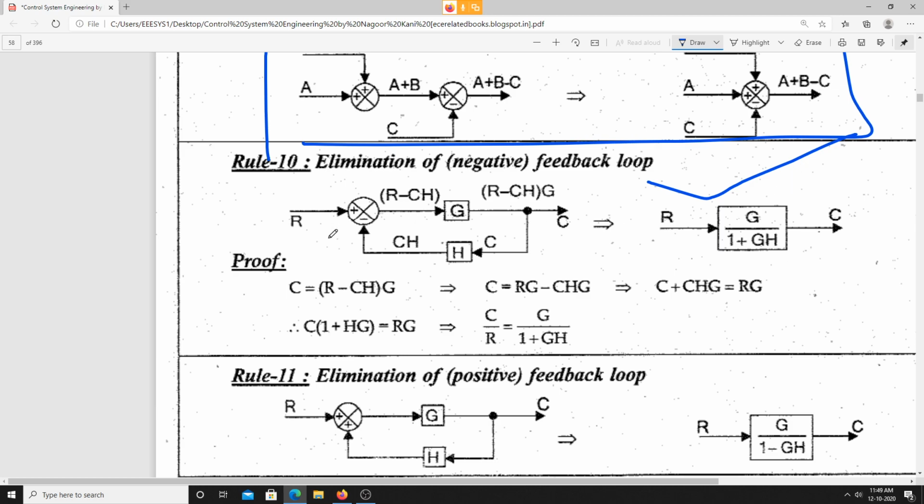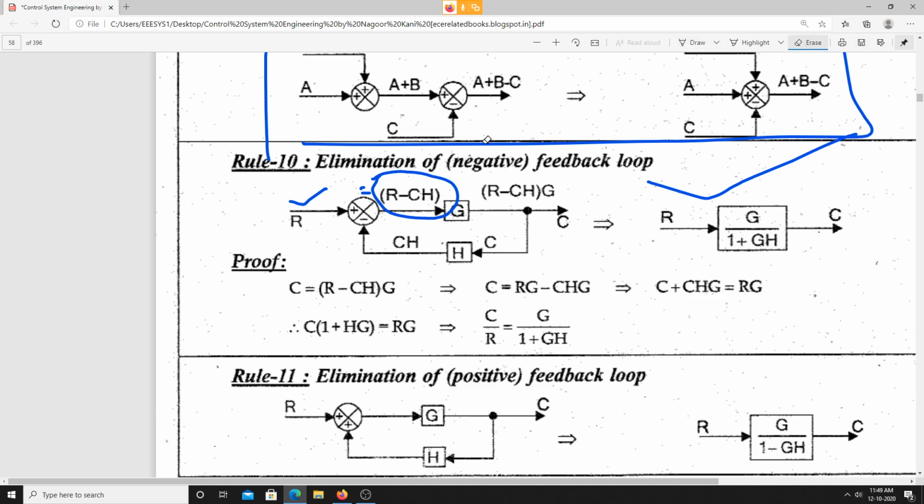Look carefully here. Here we have a summing point. The input reference R is the input we are giving, and the feedback I am getting is CH. Now the error signal generated here is nothing but R minus CH. Is it clear?